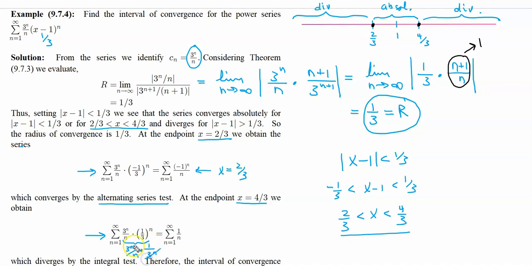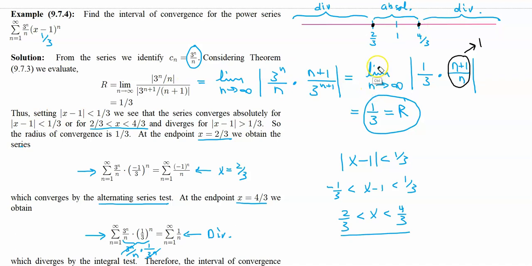So those 3 to the n's cancel, and you're left with the sum of 1 over n. Now this we know diverges. And that's by the p-series test or the integral test. We have different tests that tell us that that diverges. And so now we know that at the right-hand endpoint we actually have divergence.